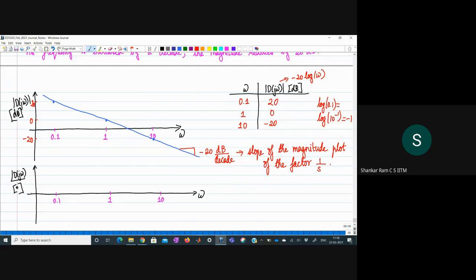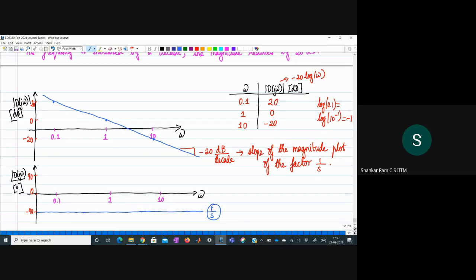So let's say this is 0 degrees, this is plus 90, and this is minus 90 degrees. The phase curve is going to be a horizontal line at minus 90. So this is the phase curve of the factor 1 by s. I hope it is clear how we obtain the magnitude and phase plot of the factor 1 by s.